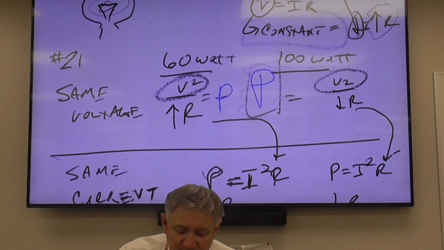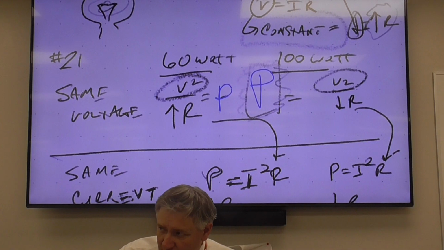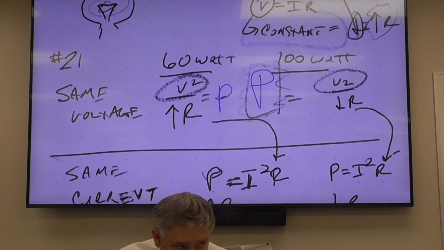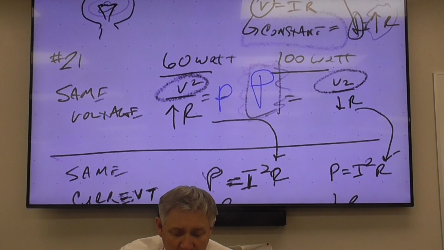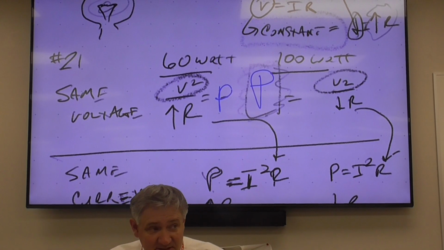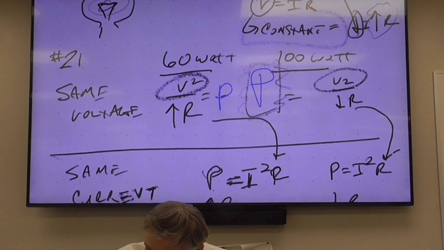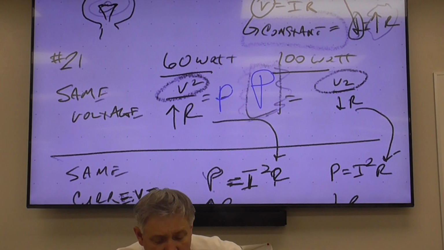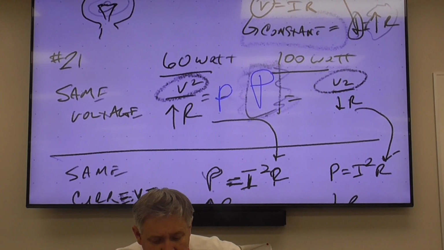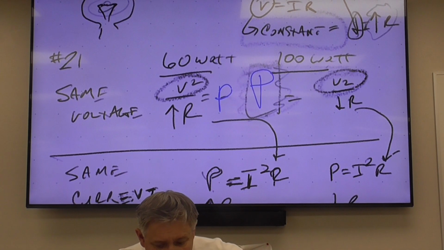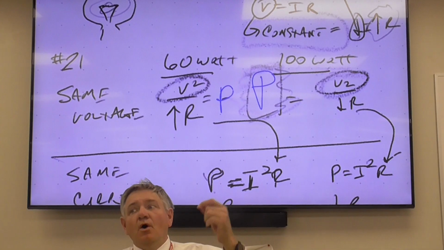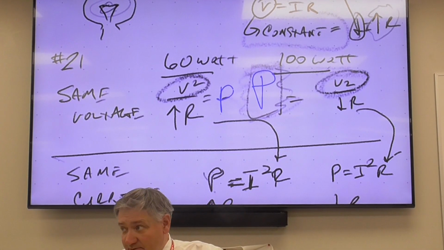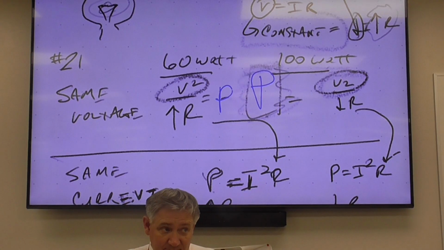On the assumption that the 100-watt bulb is brighter, it is consuming more power. And again, this is the key assumption, your voltage is the same. So the only way that you can produce more power with the same voltage is if your 100-watt bulb has less resistance, which in some ways is counterintuitive, but it makes the math work.